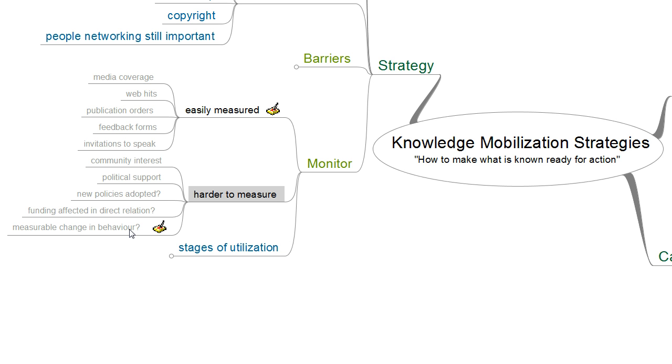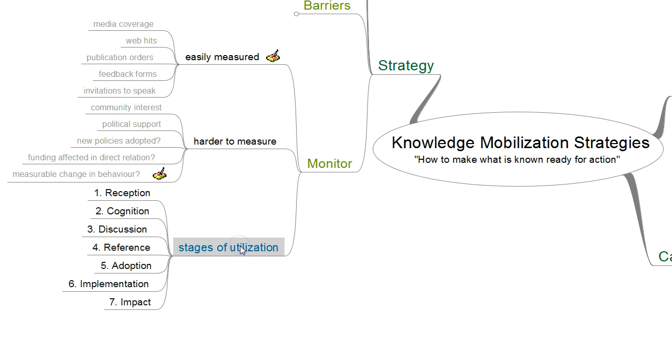The other way to gauge the success of a strategy and of tactics in that strategy are to look at the stages of utilization.